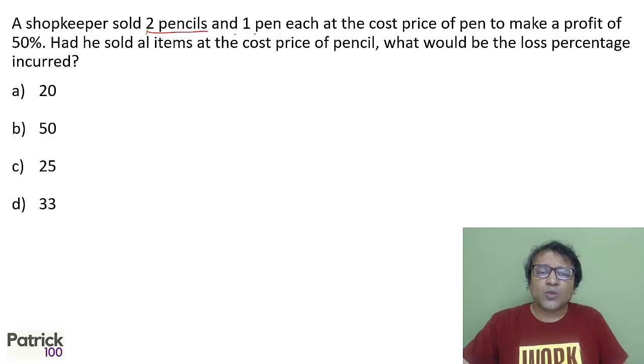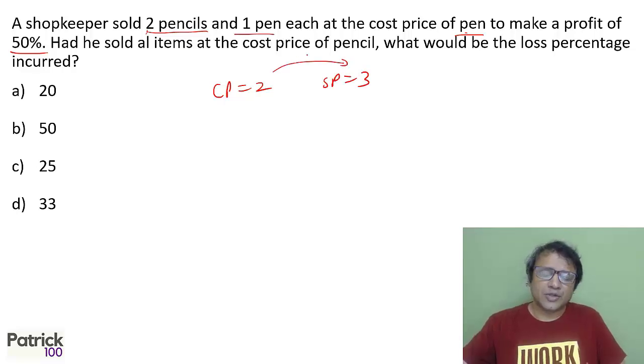A shopkeeper sells 2 pencils and 1 pen at the cost price of a pen to make a profit of 50%. Now, how do you make a profit of 50%? Let's say cost price is 2, selling price is 3. You make a profit of 50%. Just take numbers, it becomes easier. So selling price is 3, but the selling price is the same as the cost price of 3 pens.